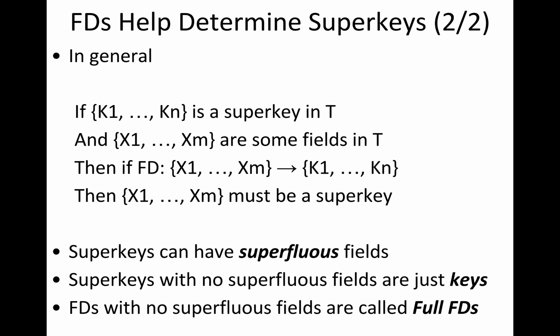So just to capture that idea: if you have a set of fields that you already know is a superkey, like section ID, you already know that section ID is a primary key, and you have some other arbitrary set of fields that you don't know if they're keys, and you have identified a functional dependency, that for a combination of these arbitrary fields you have a unique representation of some superkey that you already know, then by definition your left-hand side also has to be a superkey.